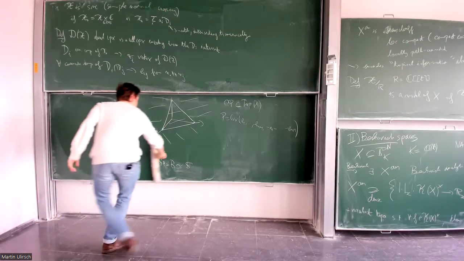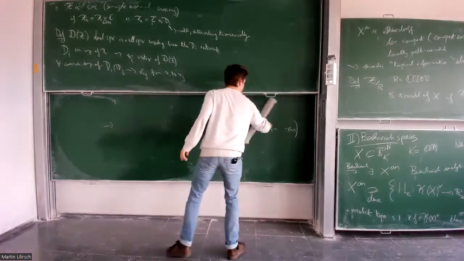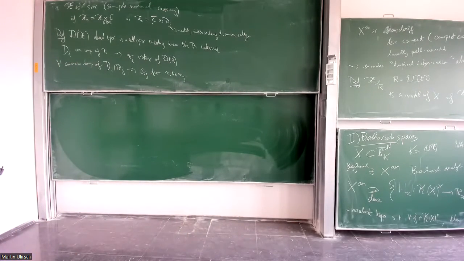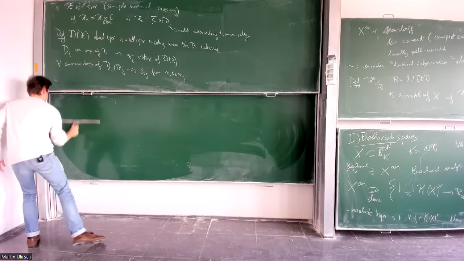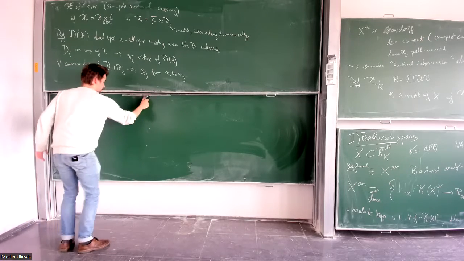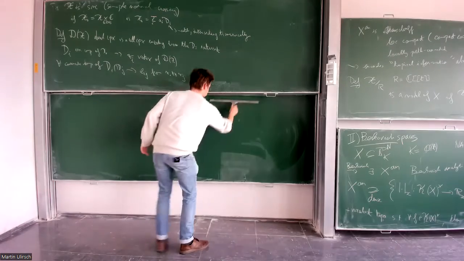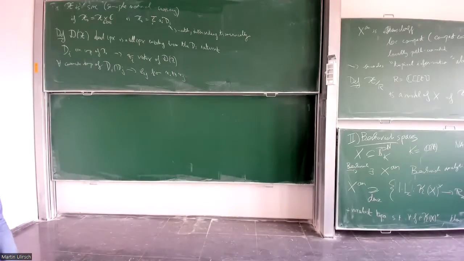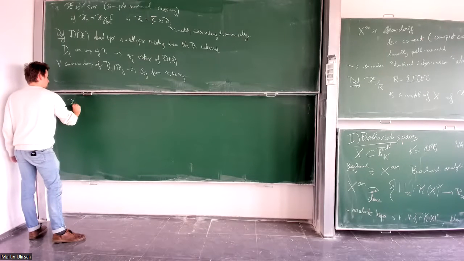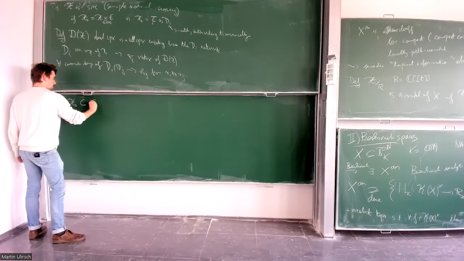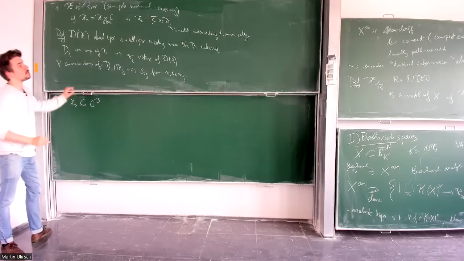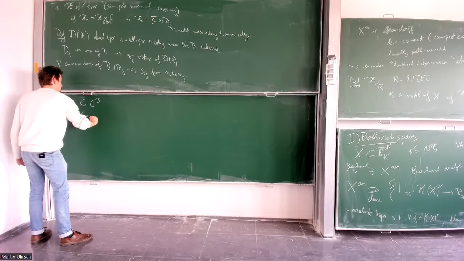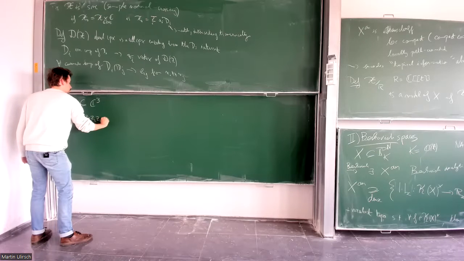So if, for instance, X0 is a subset of C3, and just as before is given by the union of coordinate hyperplanes, so this is Z1, Z2, Z3 equals 0.